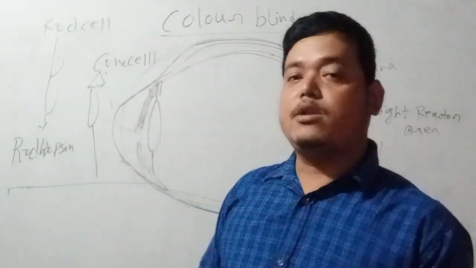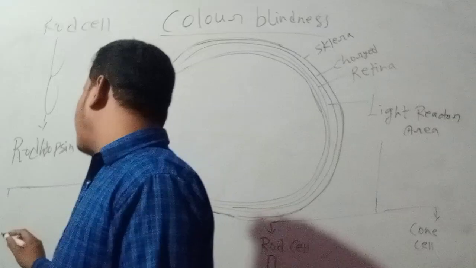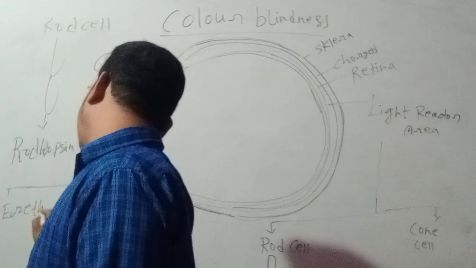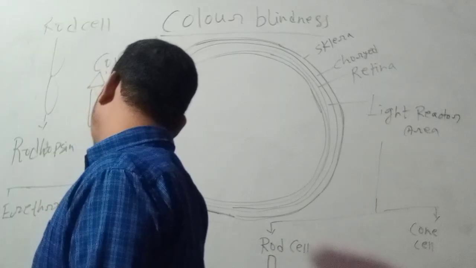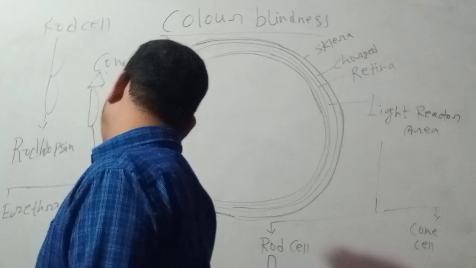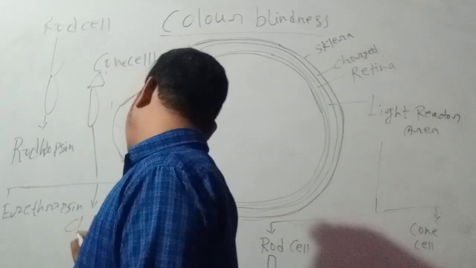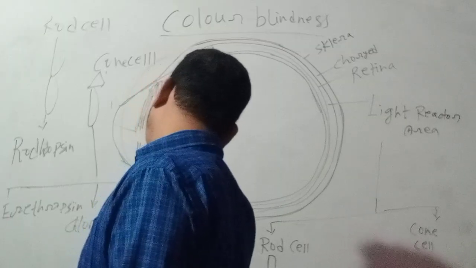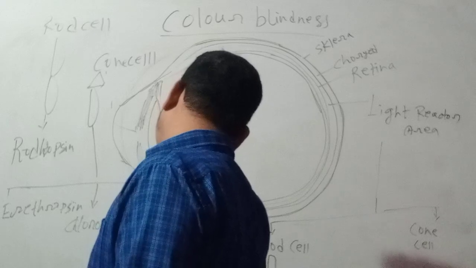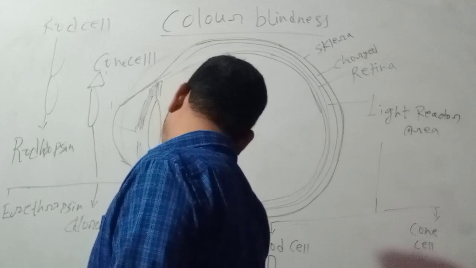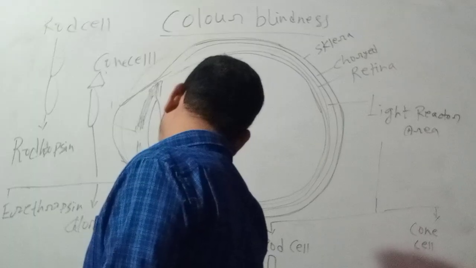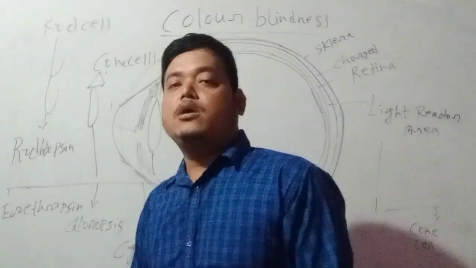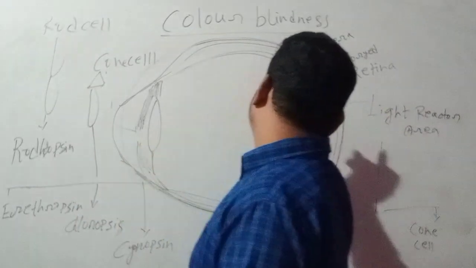The first is called erythropsin, and then chloropsin, and then cyanopsin. These three types of protein attract and collect the light.